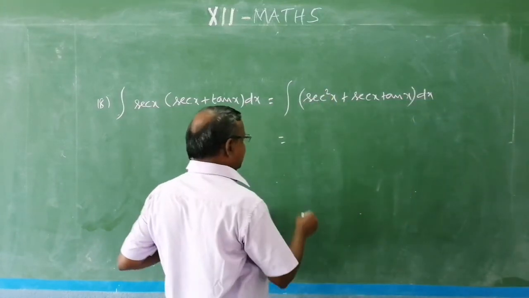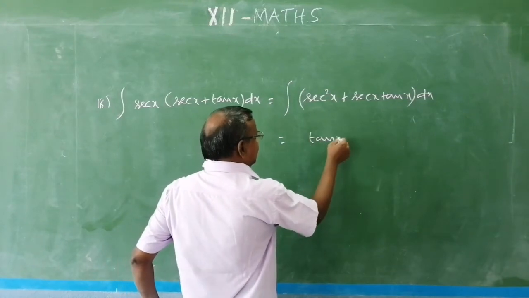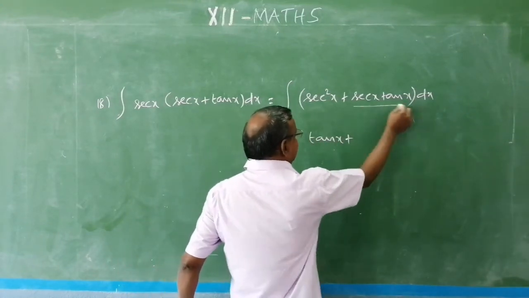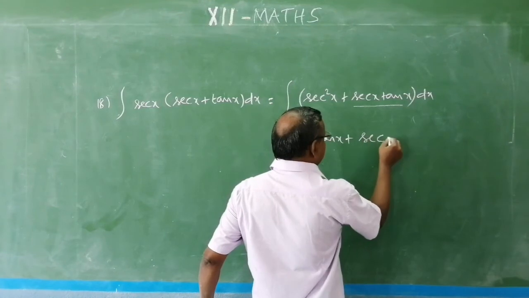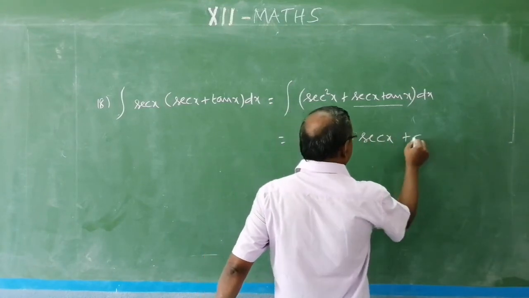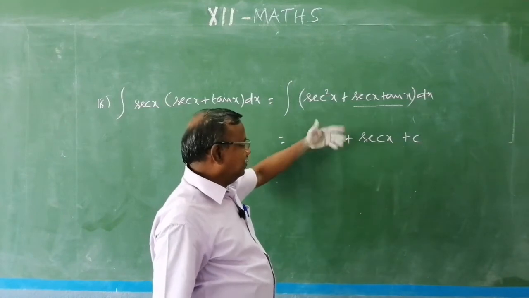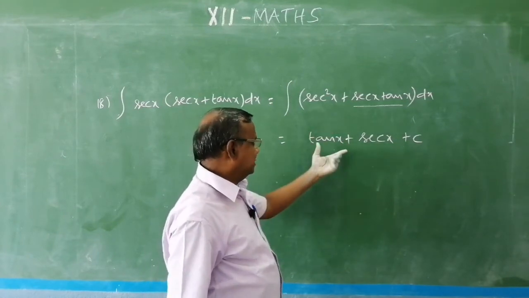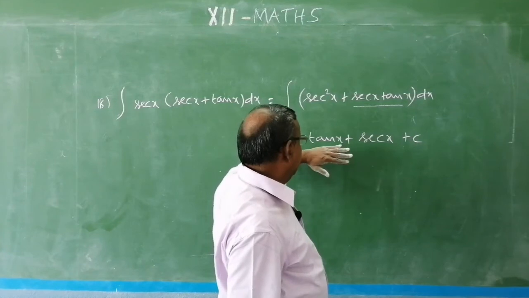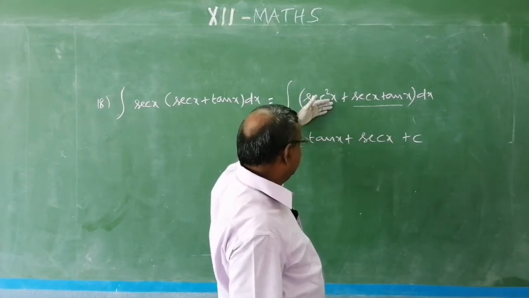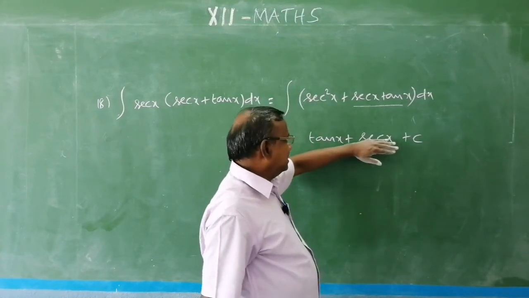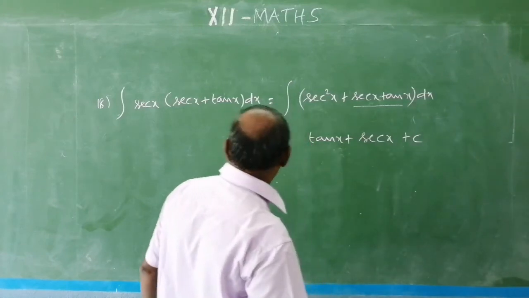Integrating secant square x becomes tan x, plus integrating secant x tan x is secant x. So it is tan x plus secant x plus c. For your confirmation, you can check it by differentiating this. Differentiating tan x becomes secant square x, and differentiating secant x gives secant x tan x.